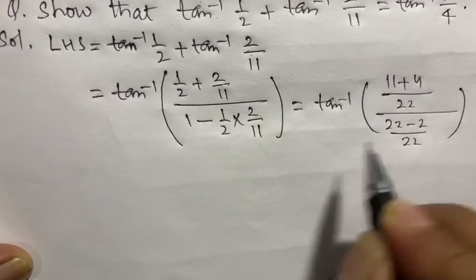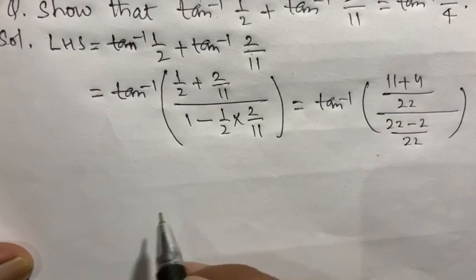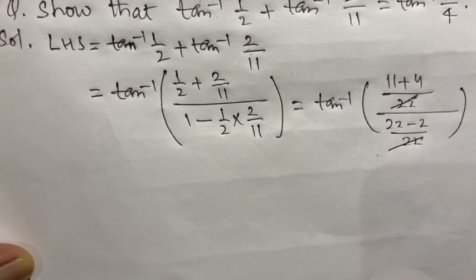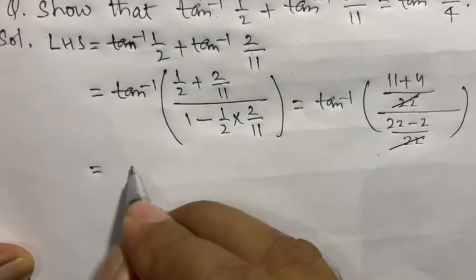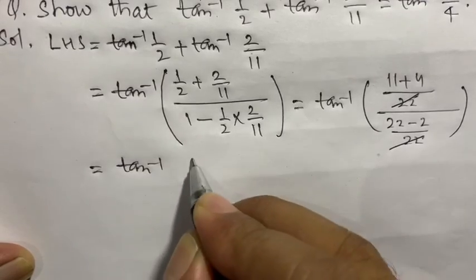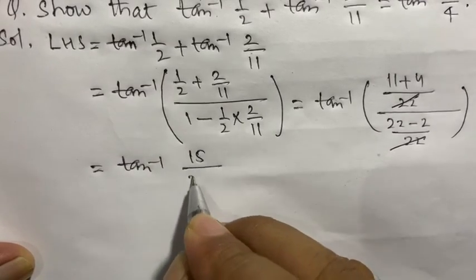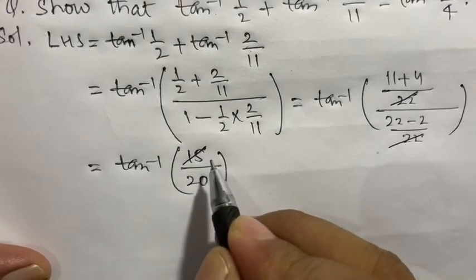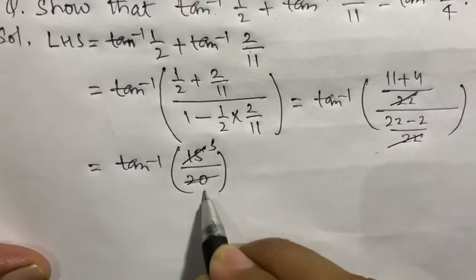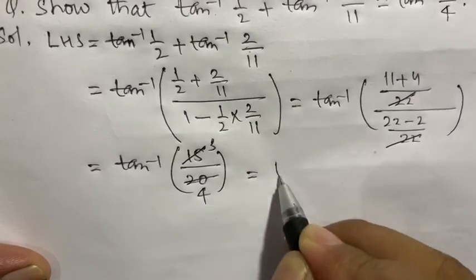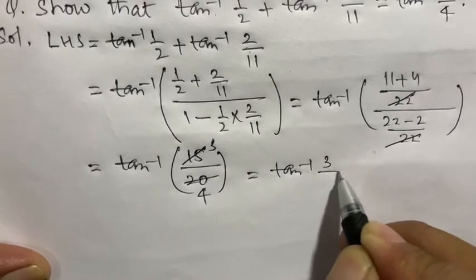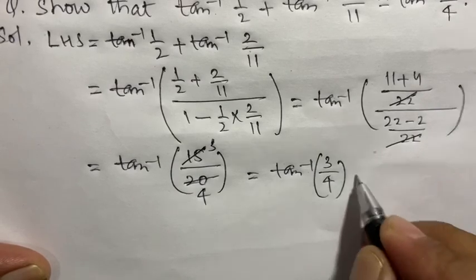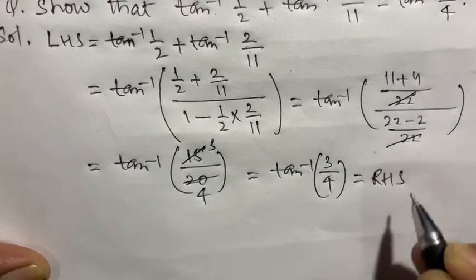We have kept it, though we can cancel, but there is no point in cancelling it, because now we will cancel 22 from both sides, and it is tan inverse of 15 upon 20. So when we cancel it by 5, it will be 3 and 4. So we have tan inverse of 3 by 4, which is equal to RHS. Proved.